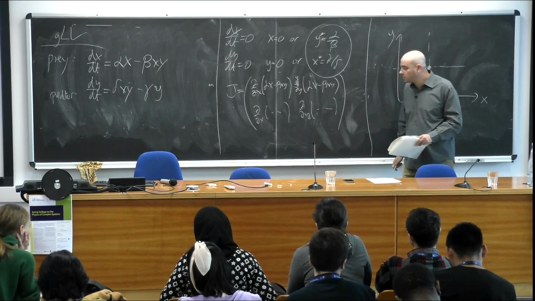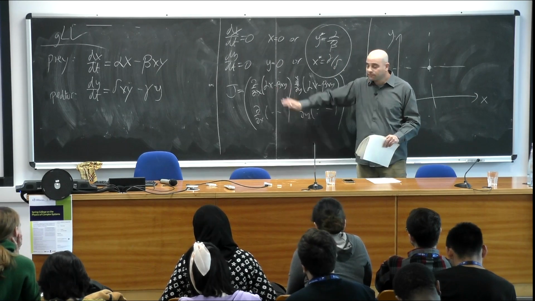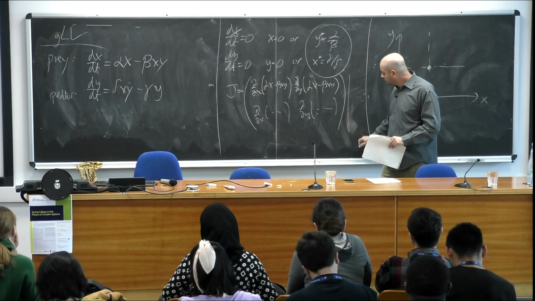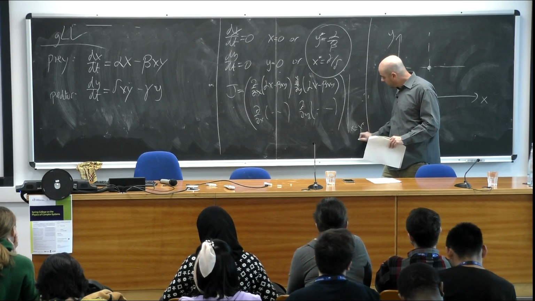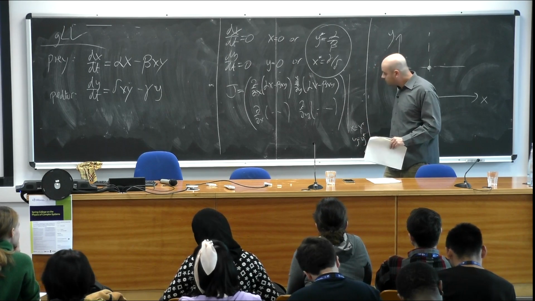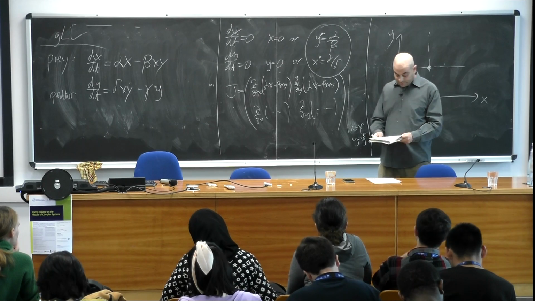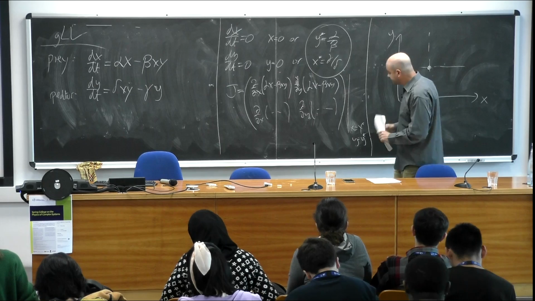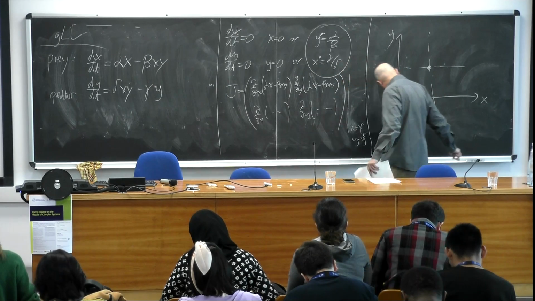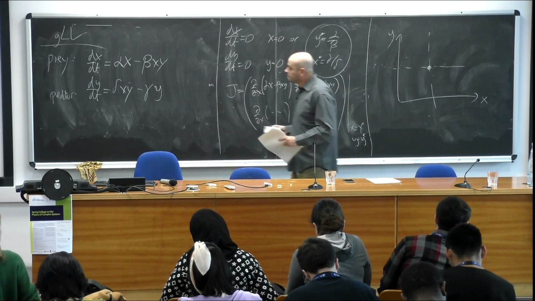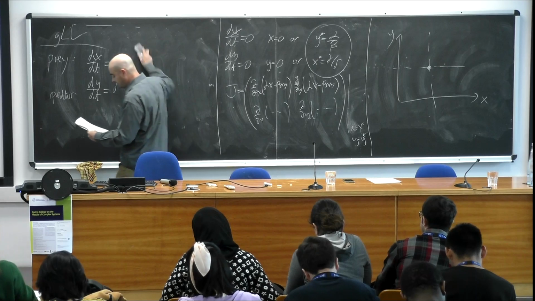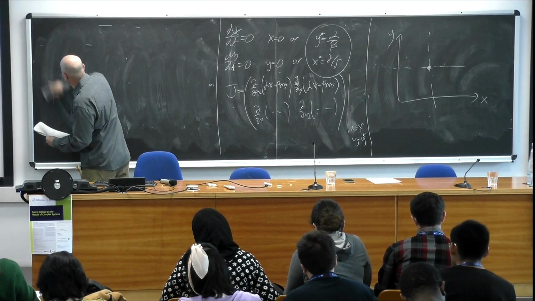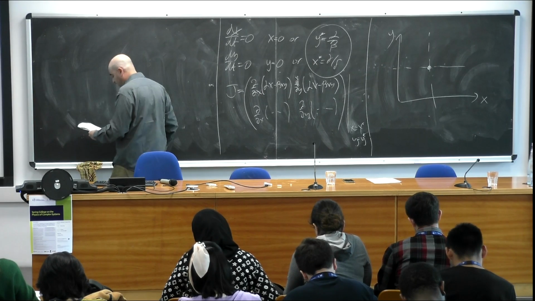This is our Jacobian, and we take the derivatives and we plug in at x equals x star and at y equals y star to get a fully antisymmetric matrix. Or rather, that's not correct. It's not fully antisymmetric. It has an opposite sign.